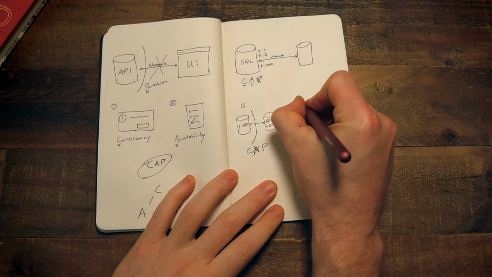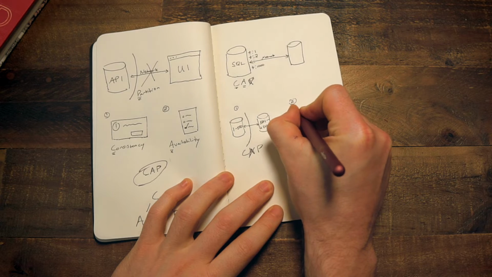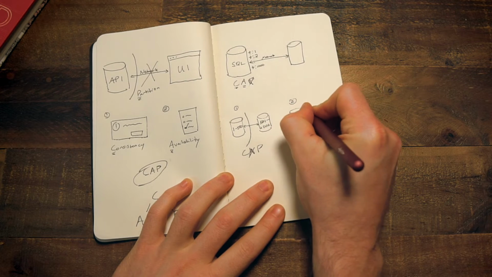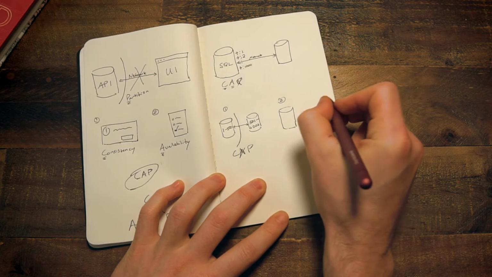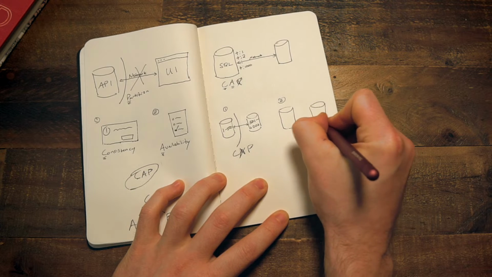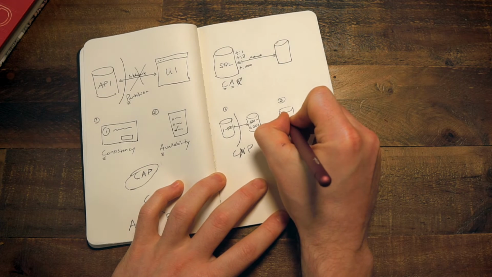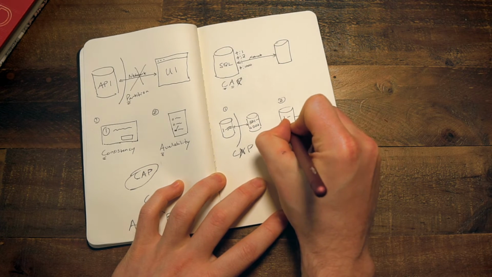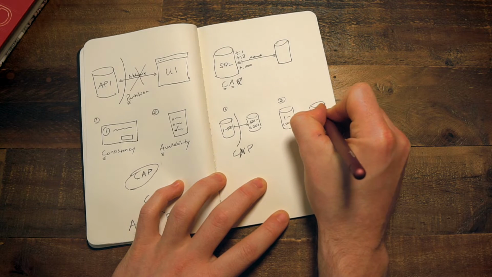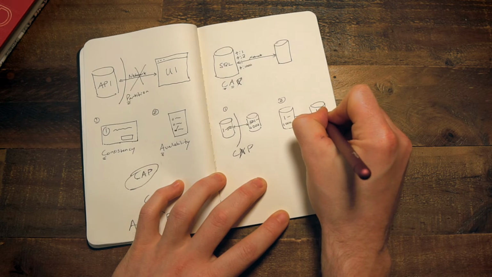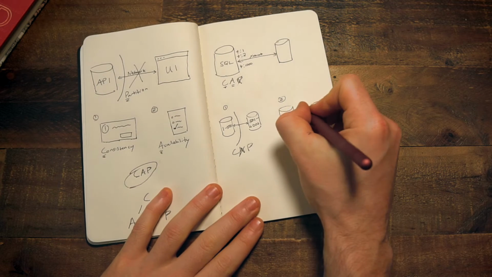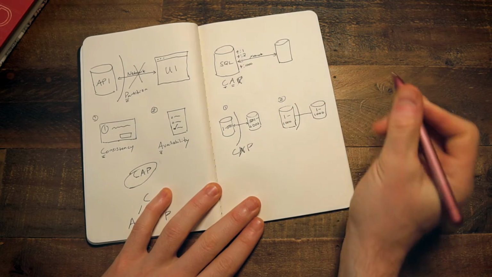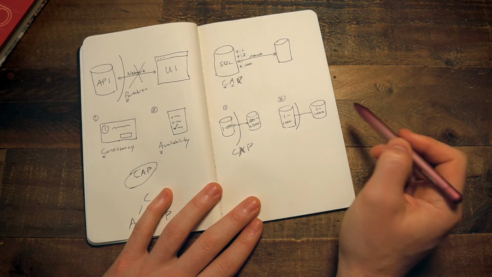Alternatively, we could replicate our data. And so we'll draw our two nodes again right here. But instead of splitting up the data between them, we'll just copy it. So this will have 1 through 1000, and this will have to-do records 1 through 1000. And so now let's assume that node 1 here suffers a partition, but node 2 is still online.